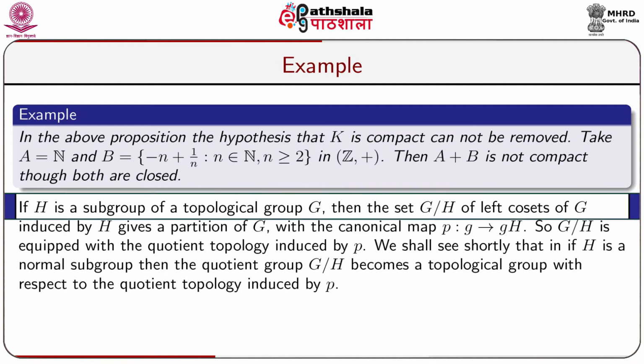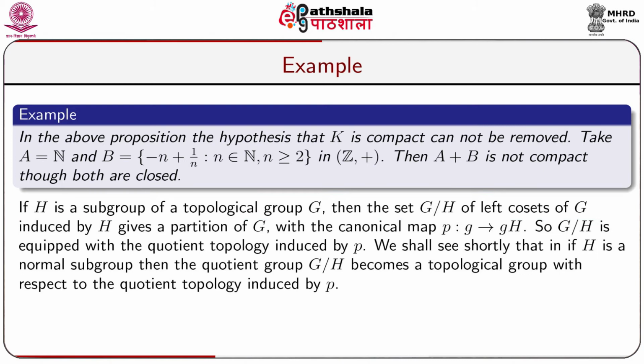If H is a subgroup of a topological group G, then the set G by H of all left cosets of G acquires the quotient topology, defined as the strongest topology such that the canonical projection map P from G to G by H is continuous. In fact, I have already told about this. The set of all left cosets forms a partition.